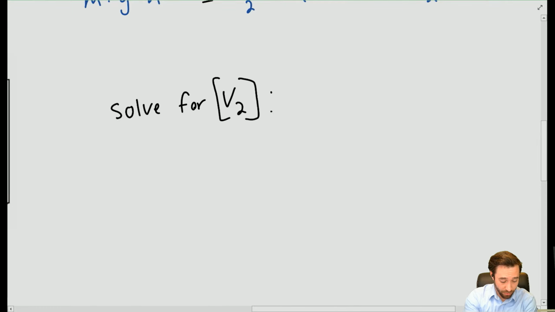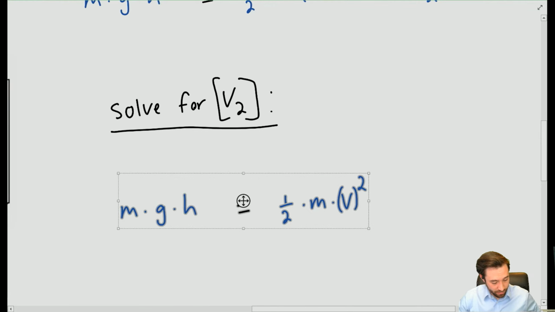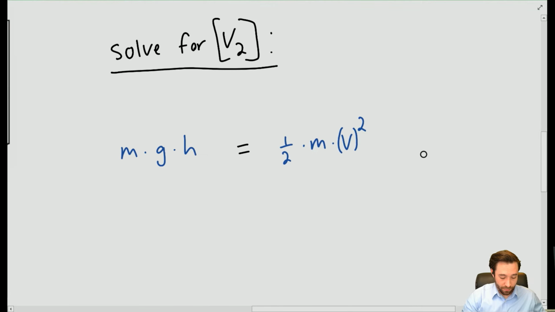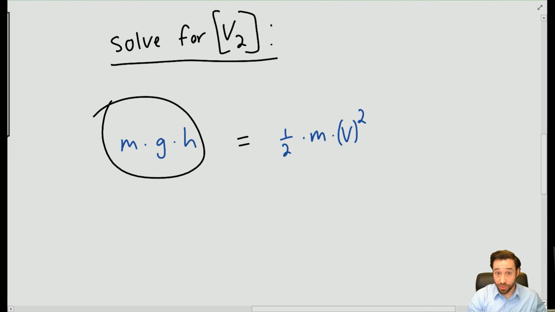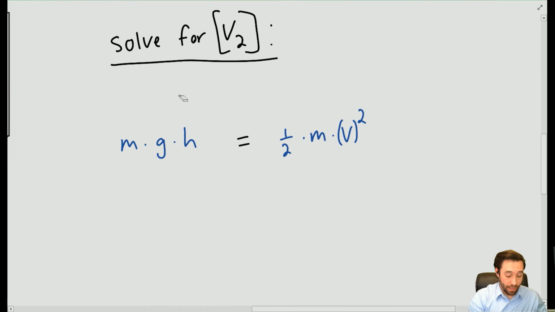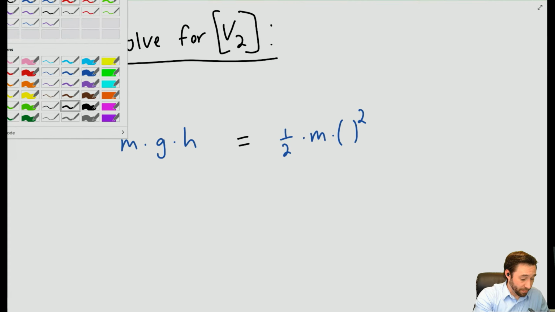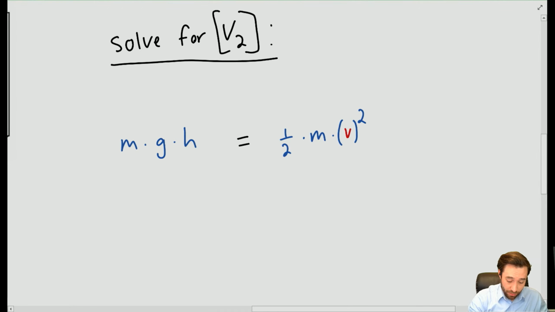That's what we're going to be doing right now. Paste. So I have my state 1 energy, which is gravitational, and my state 2 energy, which is kinetic, and I'm solving for my velocity. Instead of having a box, I'm just going to change the color. So I want to get the red variable all by itself.